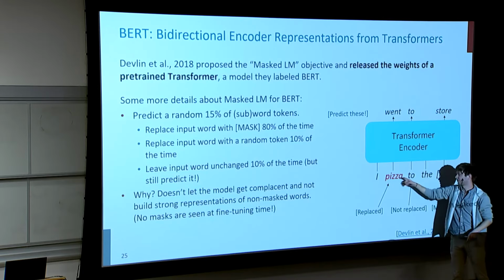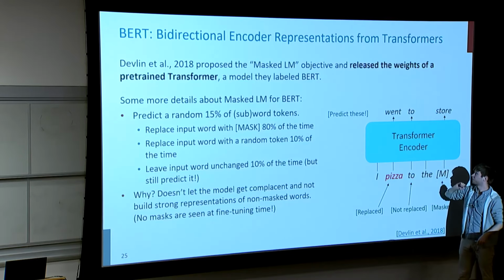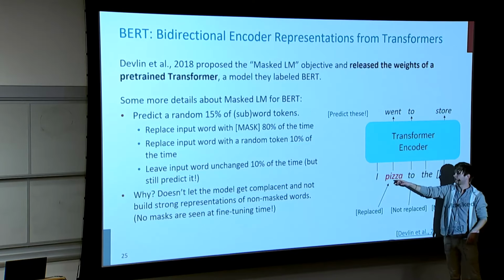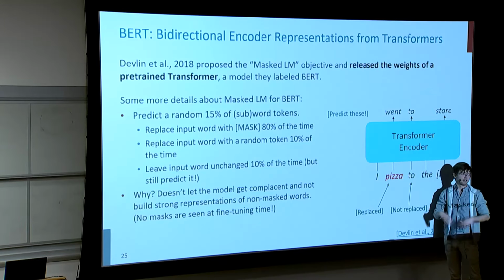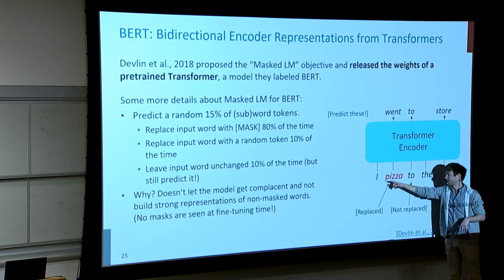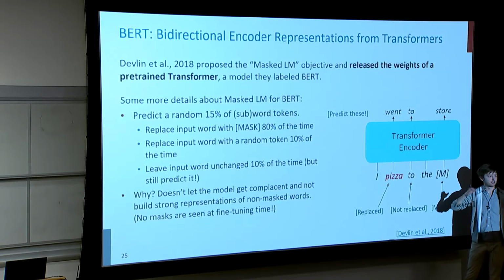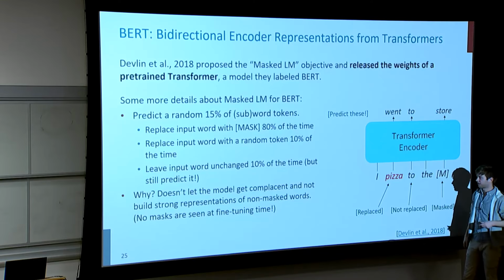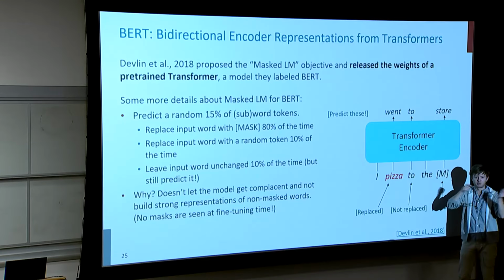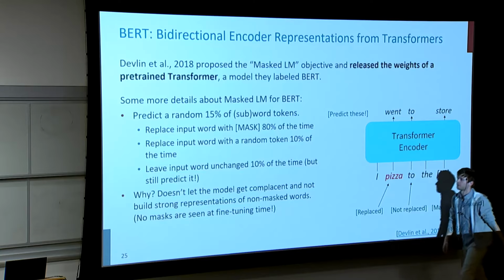By giving it sequences of words where sometimes it's the real word that needs to be predicted, sometimes you have to detect if the word is wrong, the idea is that now when I give it a sentence that doesn't have any masks, it does a good job of representing all the words in context because it has this chance that it could be asked to predict anything at any time.